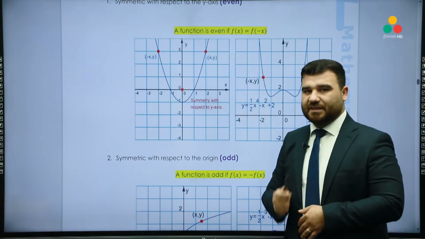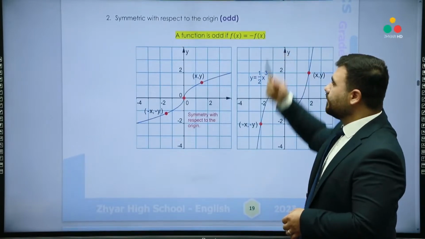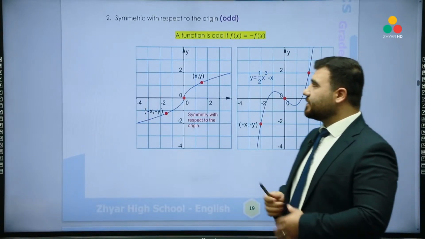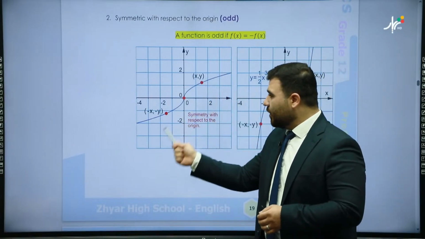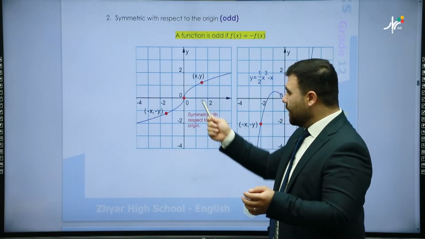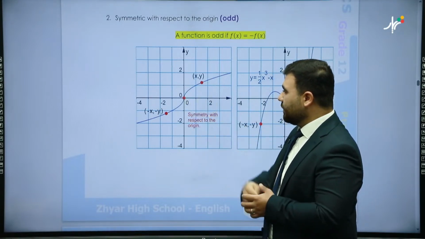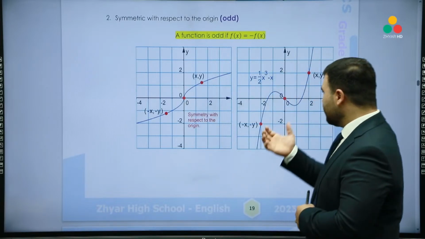The second type of symmetric function is the odd function. An odd function is called symmetric with respect to the origin. If we look at this graph, the origin cuts the graph into two identical pieces. The pieces look identical, while the origin is the half of the graph.